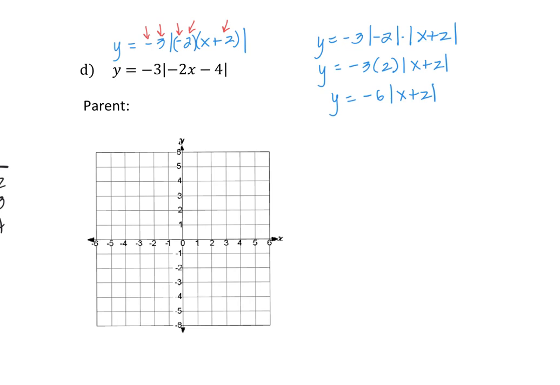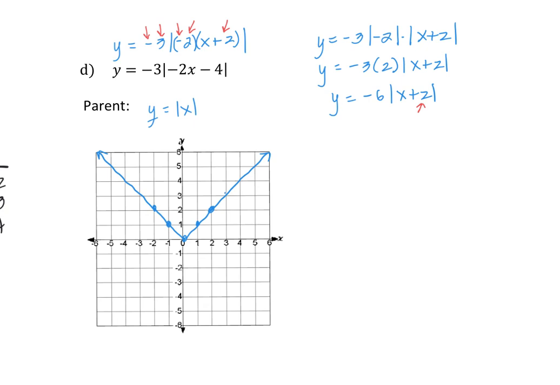Okay, so the first thing I want to do is write my parent function, which is just the absolute value of x. That's going to pass through 0, 0, 1, 1, 2, 2. It's just going to do my v. Okay, maybe I'll just make some dark points here so I can move these around.